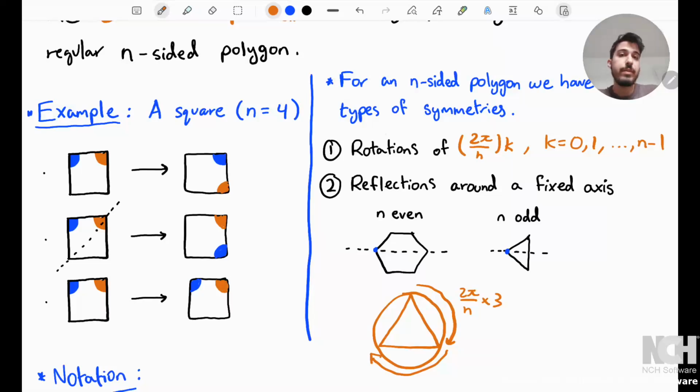Let us consider now the reflections. We fix our axis, so we can have either this axis, this axis, or that axis. So we fix our axis, and then we perform our reflection on that axis. I would tell you something here, very important. When you fix your axis, you don't have to change the axis anymore.